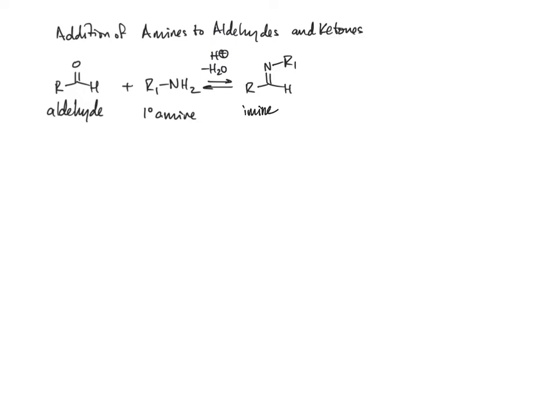So we can also do the same sort of condensation reaction. I'm going to use a couple more identifiers here, R1, R2, if we're starting with a ketone, and then we'll use R3 for our primary amine.